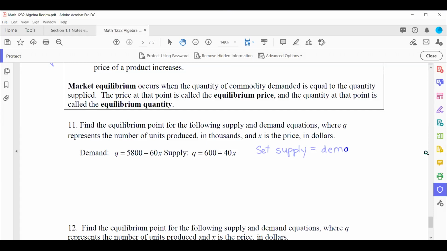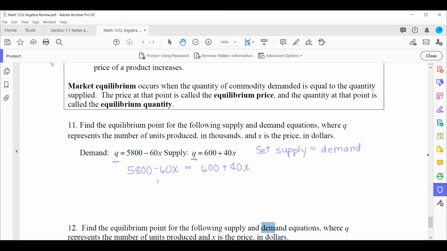And since both equations are solved for Q, we just put the 5800 minus 60x equal to the other function 600 plus 40x and solve that for x.